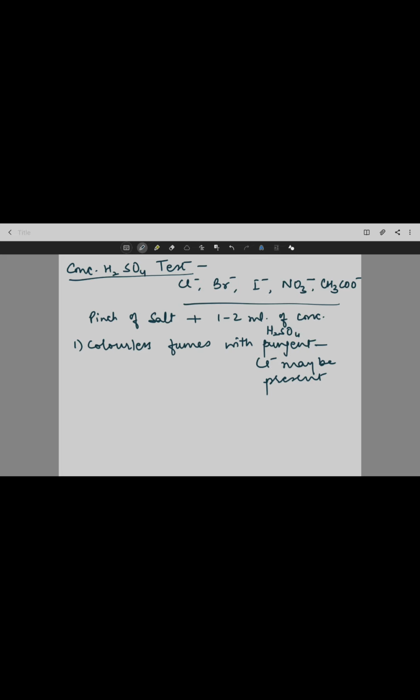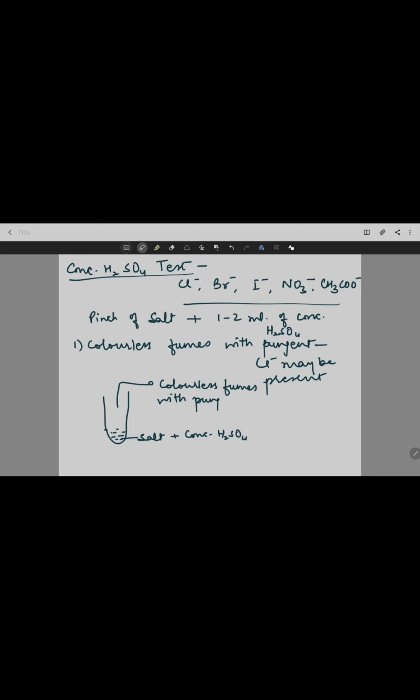But before that, one more step we may go for, to be more sure about the presence of chloride. Say this is the test tube, here we have taken the salt and concentrated H2SO4, and we are getting colorless fumes with pungent smell.